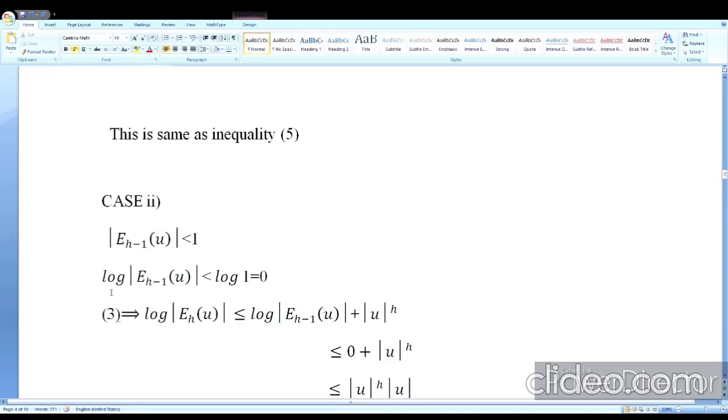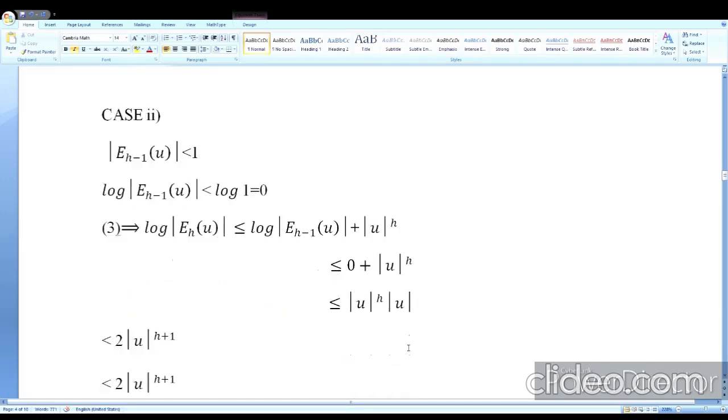Now let us take modulus of E_(h minus 1) of u less than 1. If it is less than 1, taking log, we get less than 0. So we can write less than or equal to 0 plus modulus of u power h. That is less than or equal to mod u power h into mod u, because mod u is greater than or equal to 1.